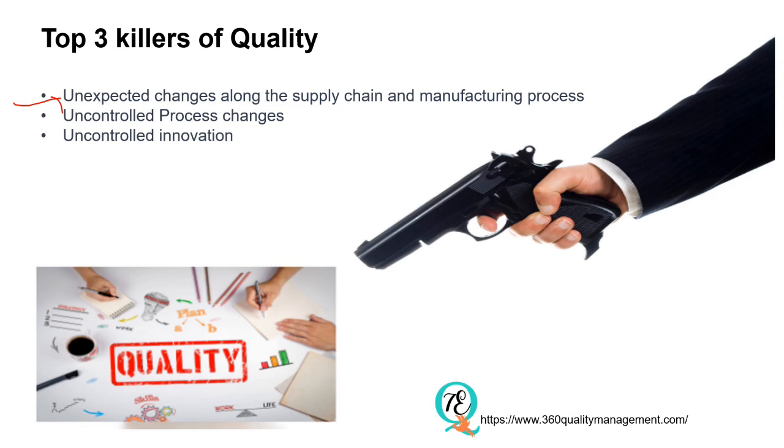Uncontrolled process changes, in some cases, are not properly monitored and documented, leading to confusion and errors. Uncontrolled changes extend beyond your manufacturing facilities and should encompass all processes along the supply chain. Uncontrolled innovations can result in poorly designed products that are difficult to manufacture. It is important to strike a balance between capability and feasibility when designing a product.